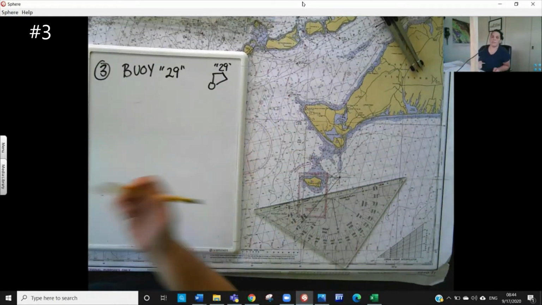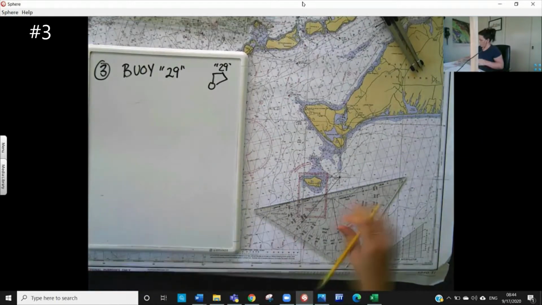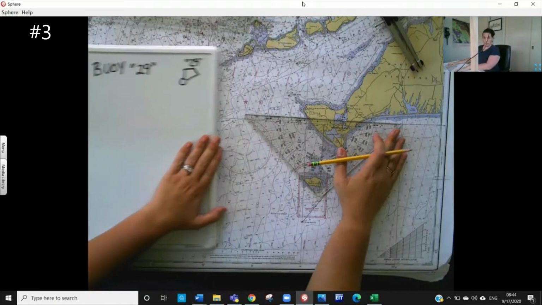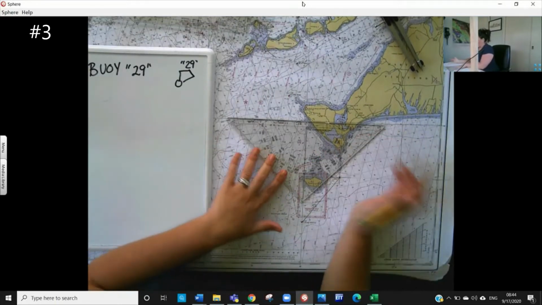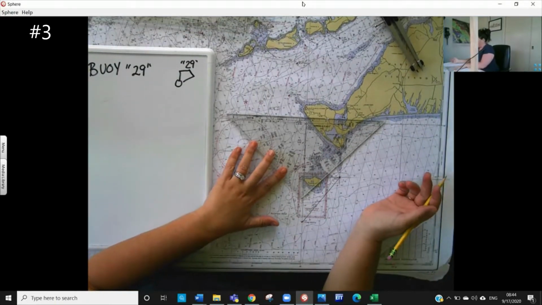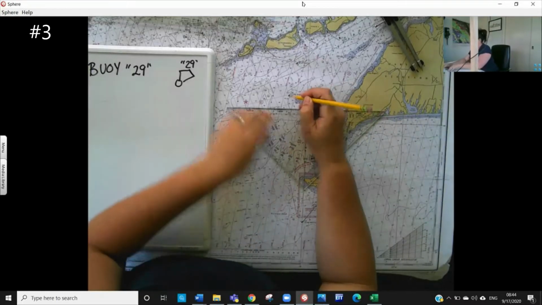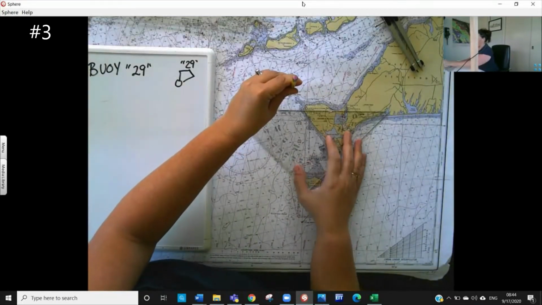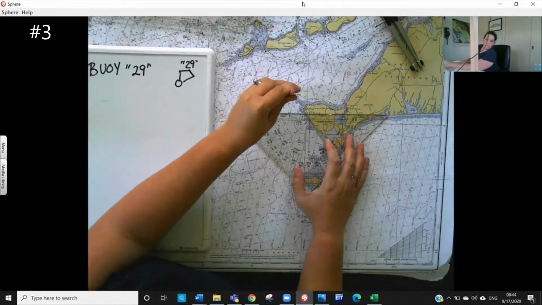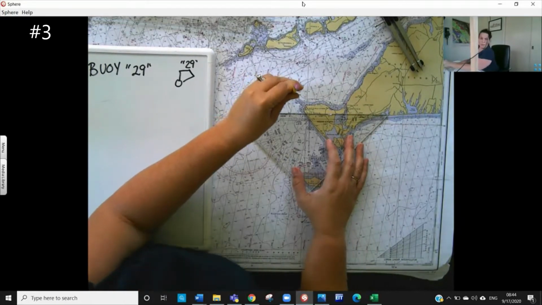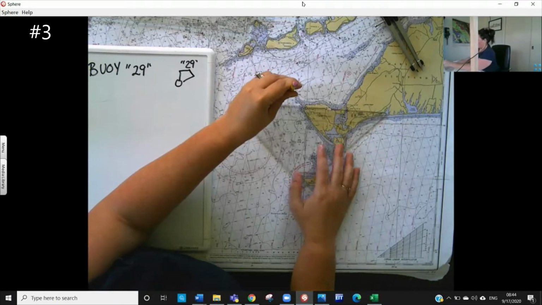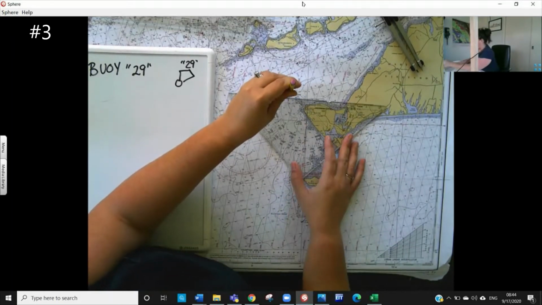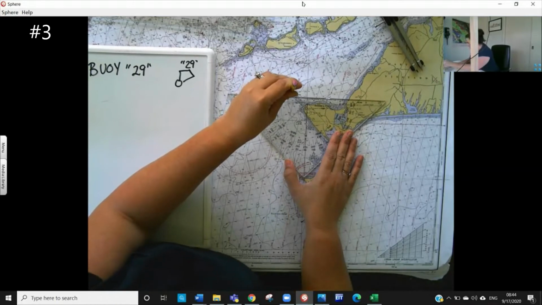This time I'm going to be using my triangle. Okay, I'm going to move this a little bit. Yeah, I'm using my triangle. So I'm going to make a perpendicular line. So I put my pencil on the buoy, and then I line up this perpendicular line, that 90-degree line, on a vertical line.